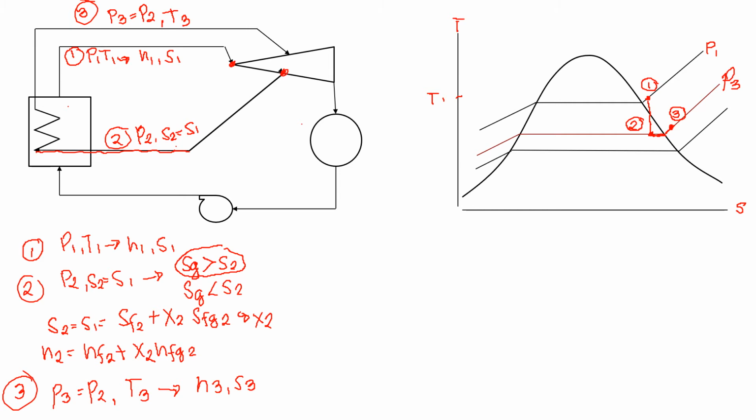Now, we draw a line here, and then we let the steam expand to point 4 at pressure 4, where the fourth state is P4, and we assume that it is an isentropic process because it is ideal.